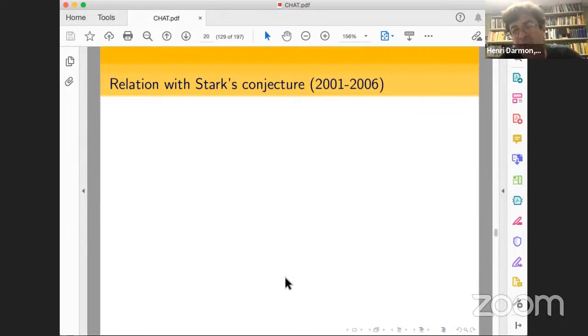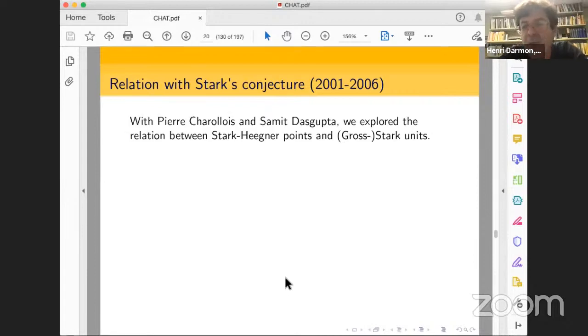So in the period after formulating this conjecture, roughly 2001 to 2006, I had two really wonderful collaborators who were, like me, very interested in the Stark conjectures: Pierre Charollois and Samit Dasgupta. And together we thought about relations between these Stark-Heegner type constructions and Stark units and p-adic analogs that grew out of a conjecture formulated by Gross.